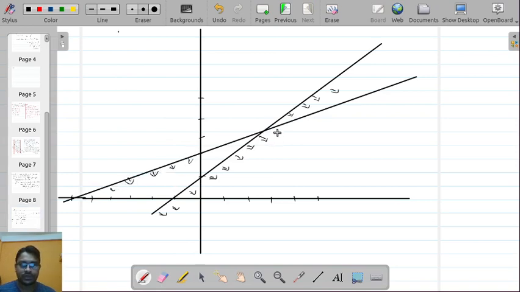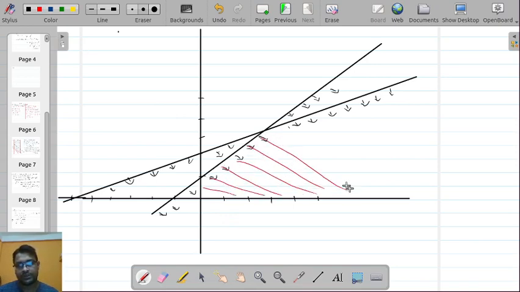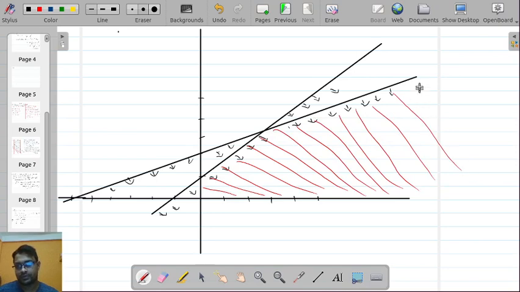If we see nicely, which region is common to both? This particular region is common to both. This region is also an unbounded region.